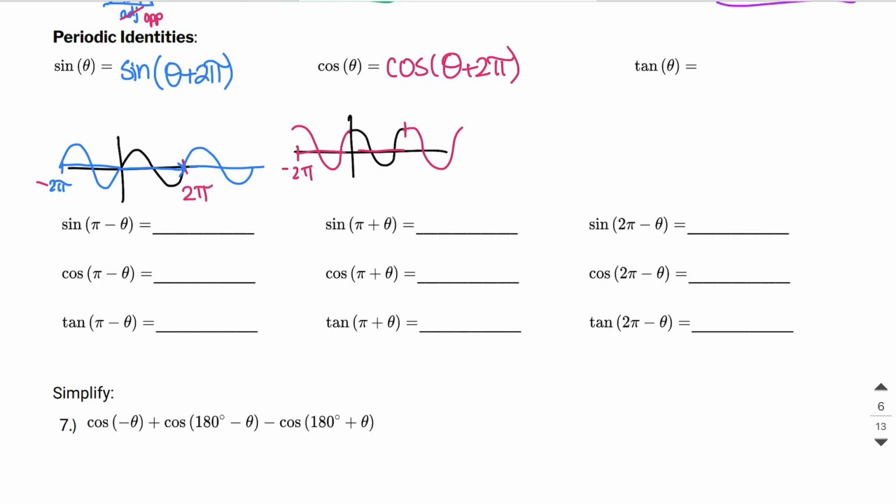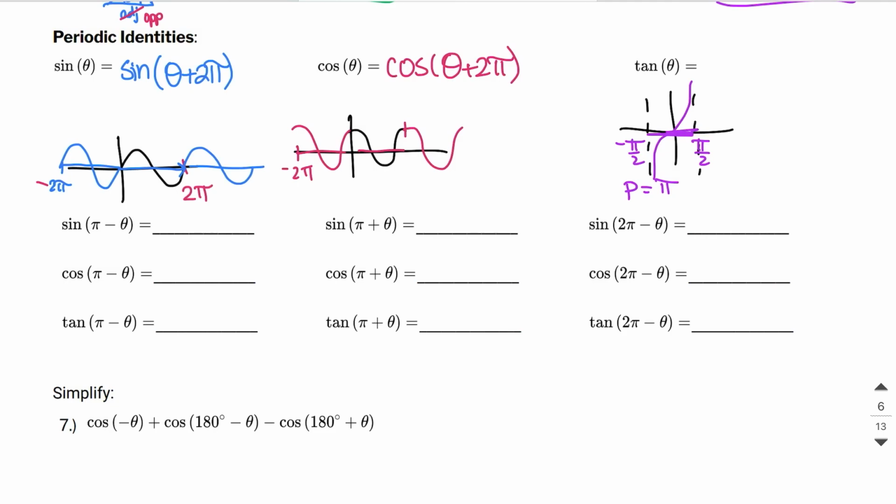So this means that cosine of theta is equal to cosine of theta plus 2 pi. Okay, and then lastly, tangent of theta right here looks like this. And this is from negative pi over 2 to positive pi over 2. If you notice right here, the period of tangent is just 1 pi. Like the typical period of tangent is just 1 pi right here.